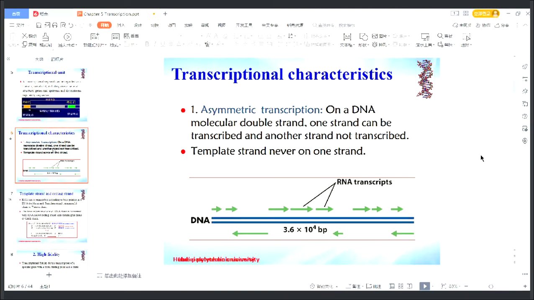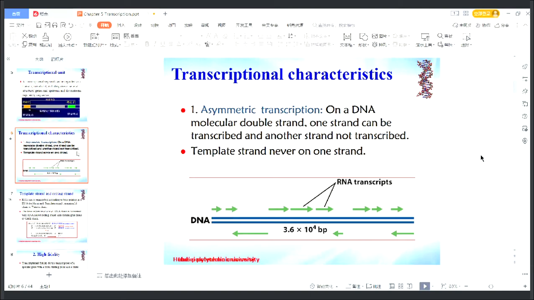On the upper strand, you can see 1, 2, 3, 4, 5, 8 promoters, beginning the transcription of 8 genes. On the lower strand, you can see 3 promoters coding the genes. One gene in this direction is transcribed and produces the RNA, and on the other strand, the reverse direction codes the RNA.